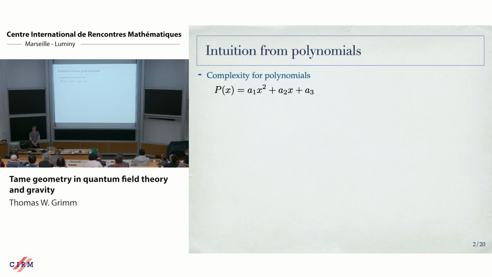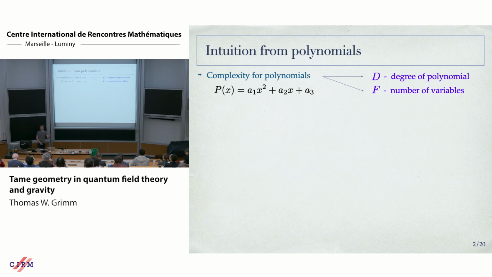Now, where does the intuition for this format and degree come from? I give a very simple motivation. Let's think for a moment about the complexity of polynomials. In this case, the degree and format are very easy to understand. The degree is really the degree of the polynomial, and F would just be the number of variables if I just have a single polynomial.